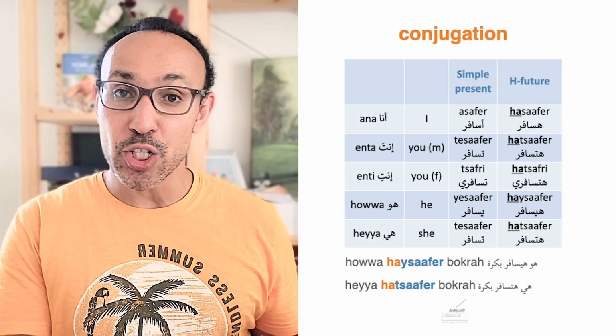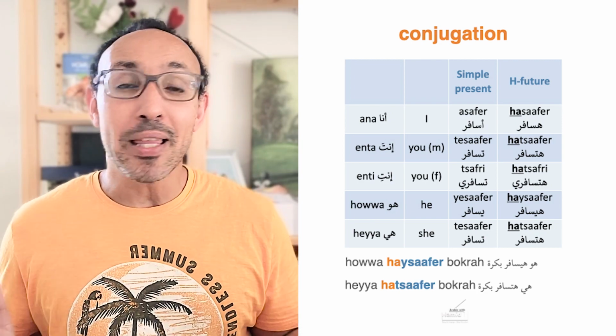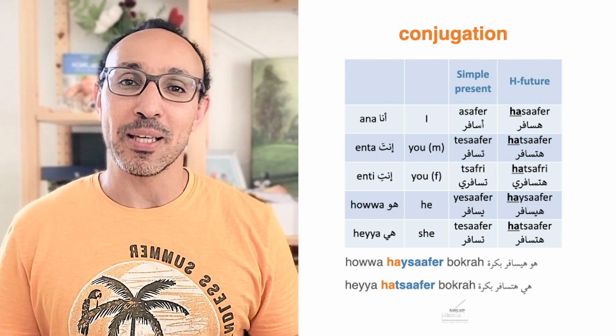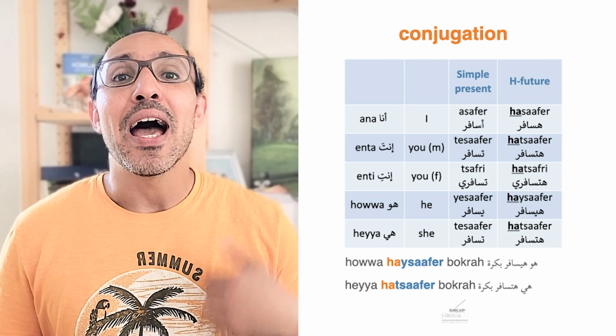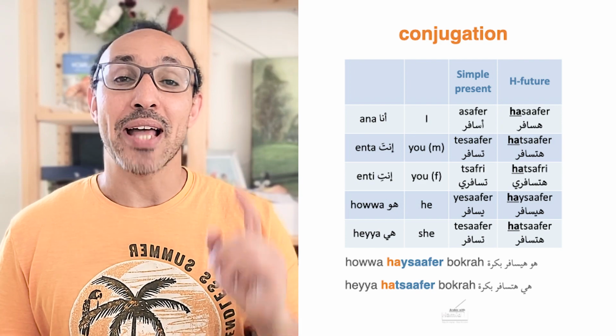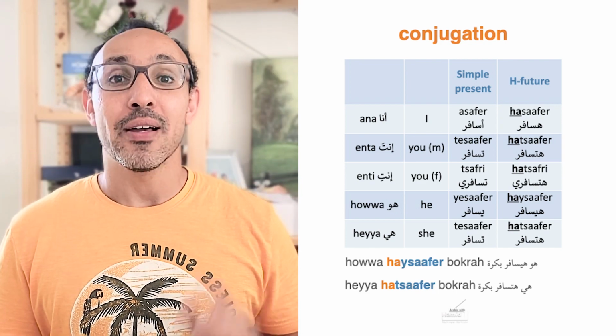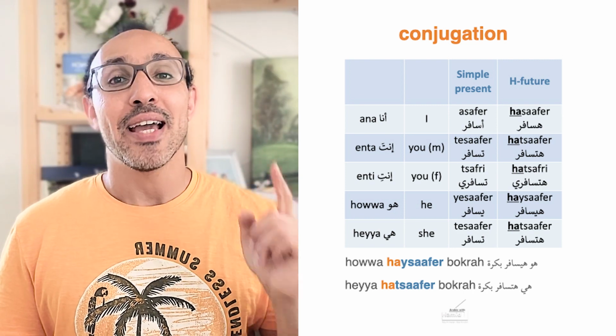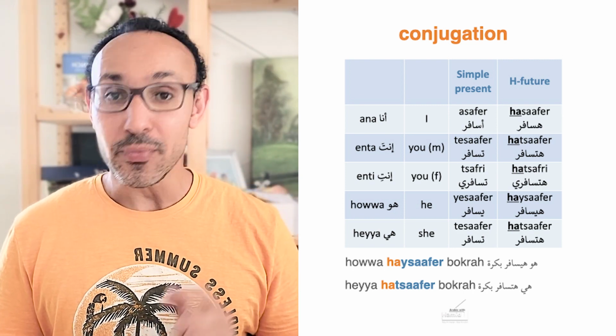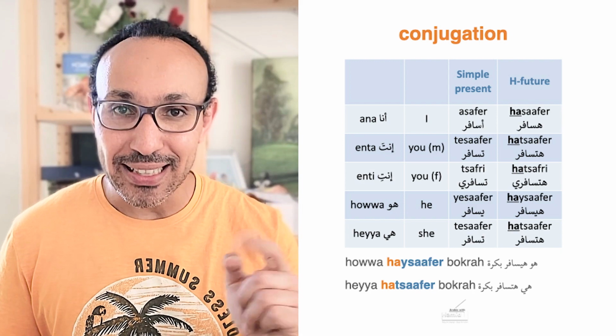Let's move to the H future, which is nothing but adding the ha to the simple present. So instead of أنا أسافر, it becomes أنا هسافر. And you, male, أنت تسافر, it becomes أنت هتسافر. أنتي تسافري, it becomes أنتي هتسافري.